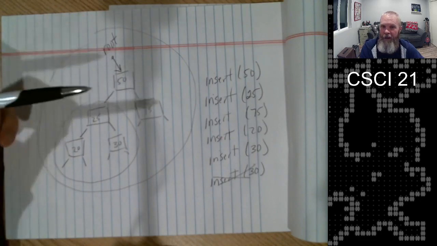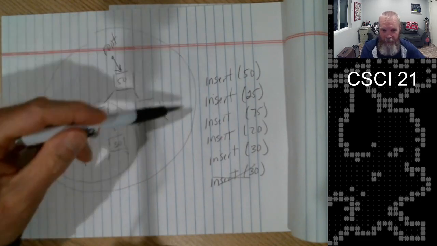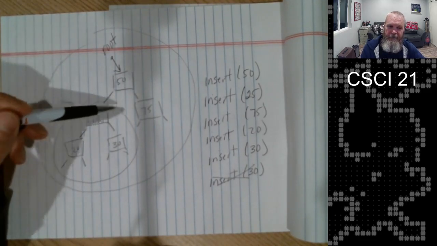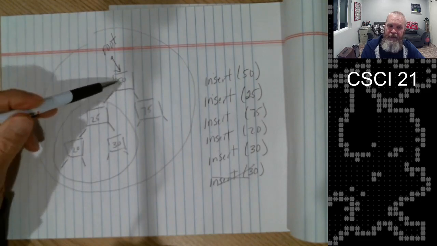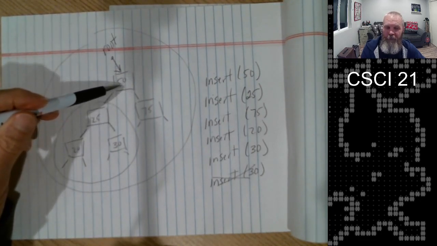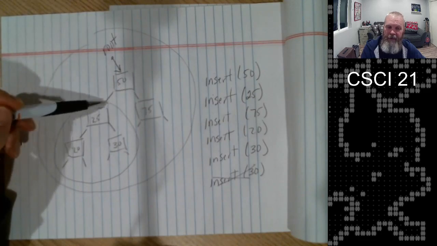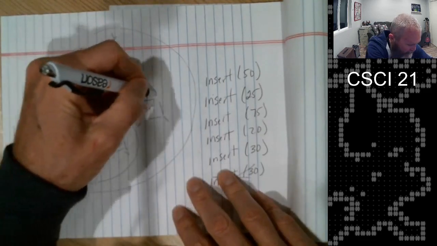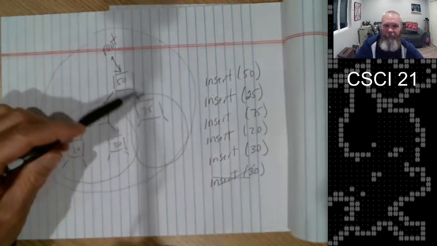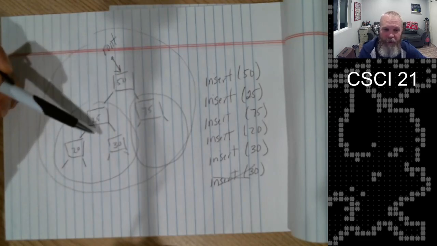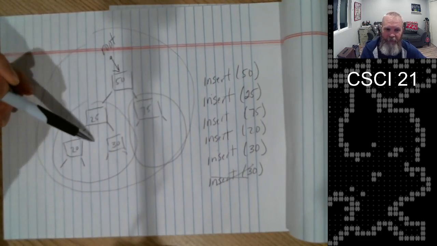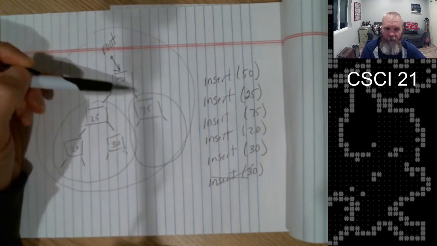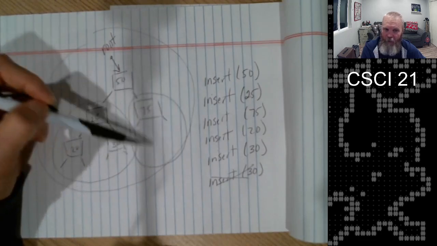So if we were to count the number of trees that are here, we've got the big tree that starts here. We have this tree down the left of this tree. So left of 50 is a whole other tree, so this is a child tree of 50. And if you look at the data, everything in the child tree left of 50 is smaller than 50, which is the whole rule. And everything to the right of 50 has to be larger than 50.